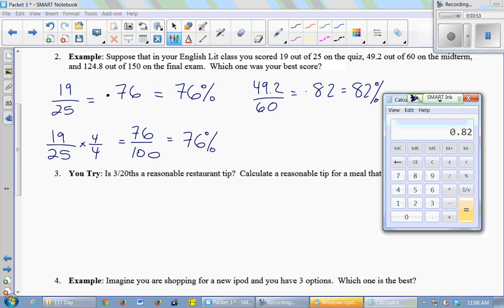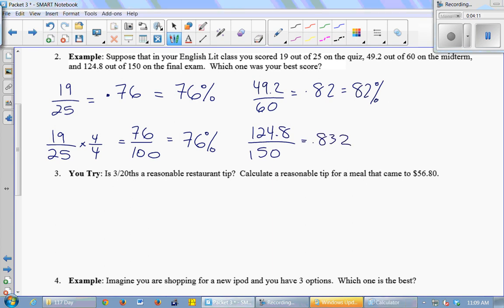And then 124.8 divided by 150 is 83.2%. Okay, so this is your best score, the final exam.